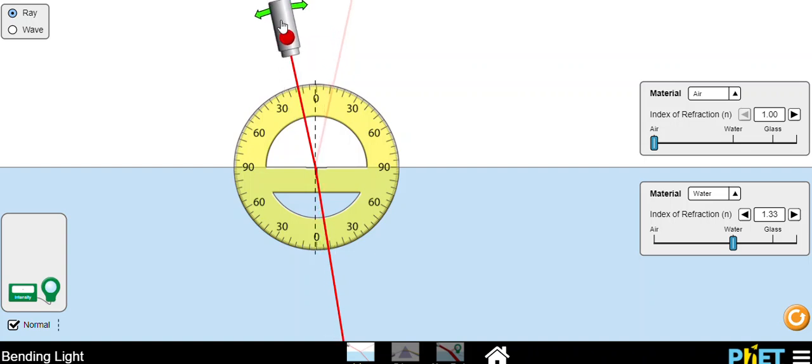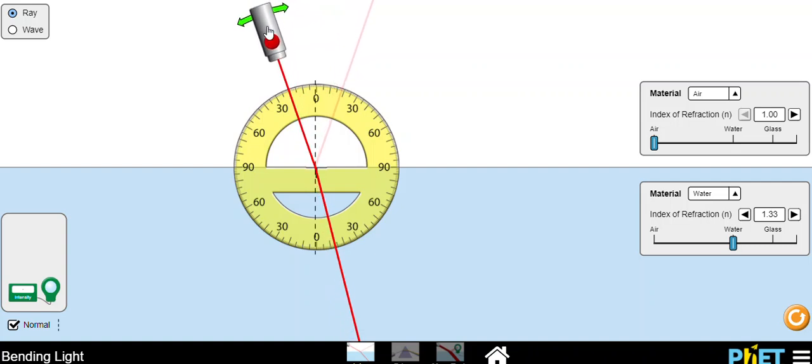Now you're going to move this to 20 degrees, and when I move to 20 degrees, I have then also my reflected angle about 20 degrees, and the angle of the refracted ray just about 14 degrees.